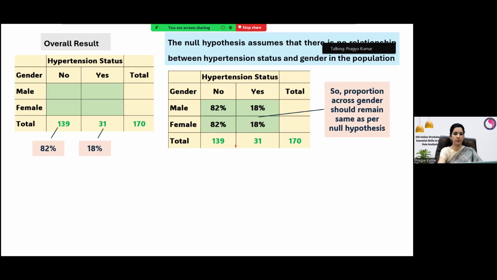The same proportion will be maintained because there is no association with gender. Because the null hypothesis says there is no association, this same percentage will be maintained here also and here also.